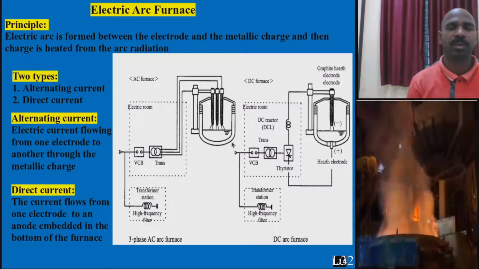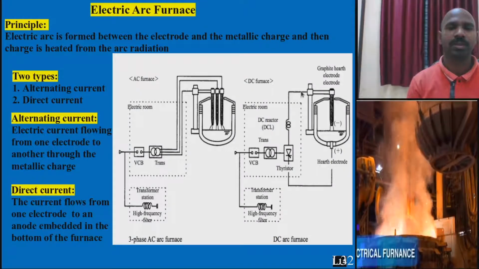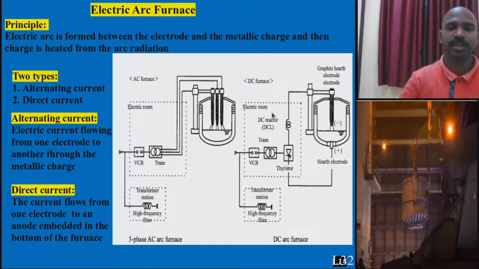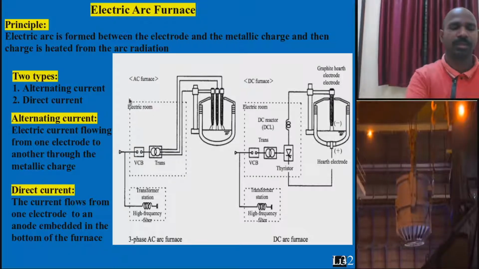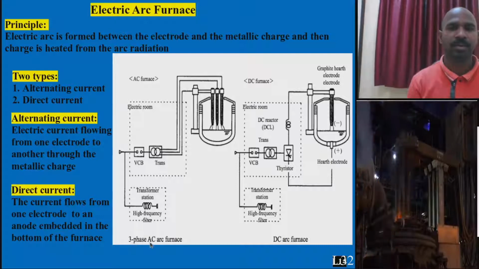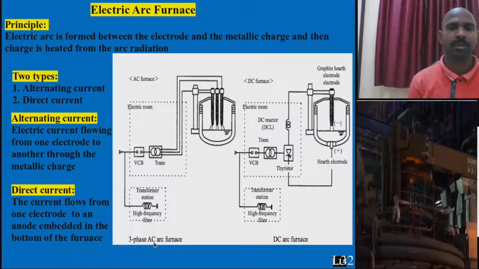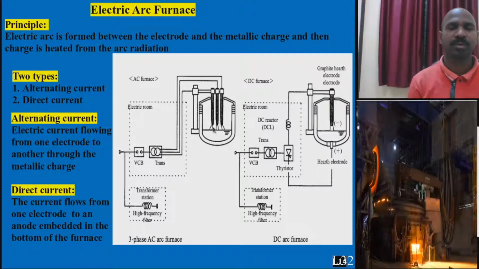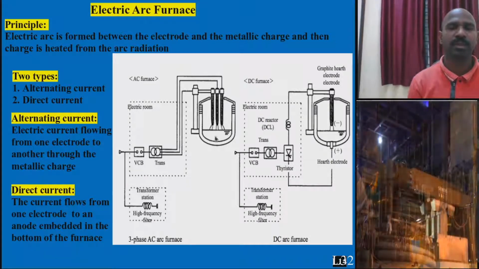This is the control panel for operating the electrical energy for the DC furnace and for the AC furnace. Make a note that 3-phase AC current is sufficient for melting through an electric arc furnace.